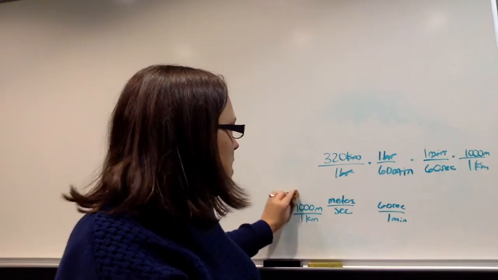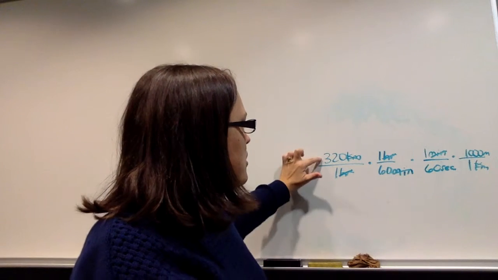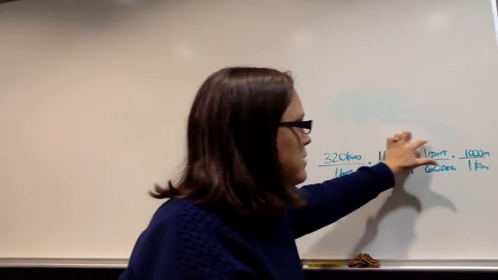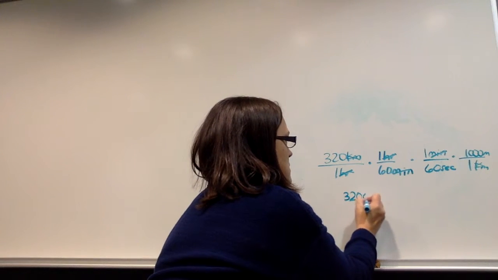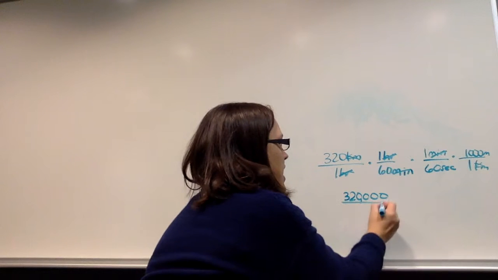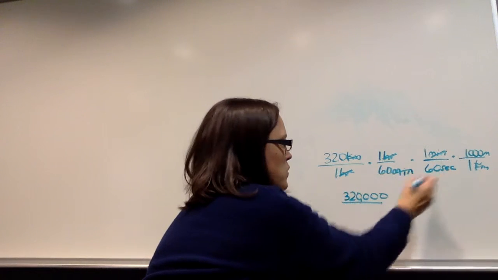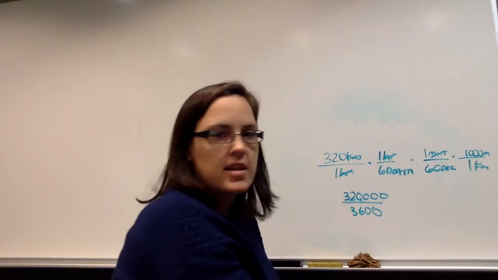strategies. So what I have here to finish this problem is 320 times 1 times 1 times 1,000, which is 320,000. And then we have 60 times 60 times 1 times 1, which is 3,600.